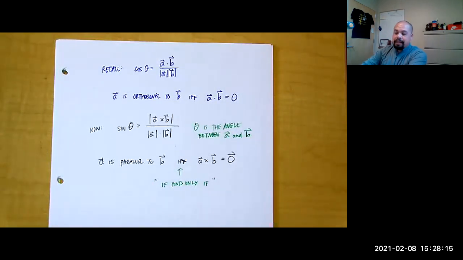Okay. All right. So I'll leave it at that for now. Give you an opportunity to practice evaluating, finding the cross product and checking some of these other properties within section 12.4.